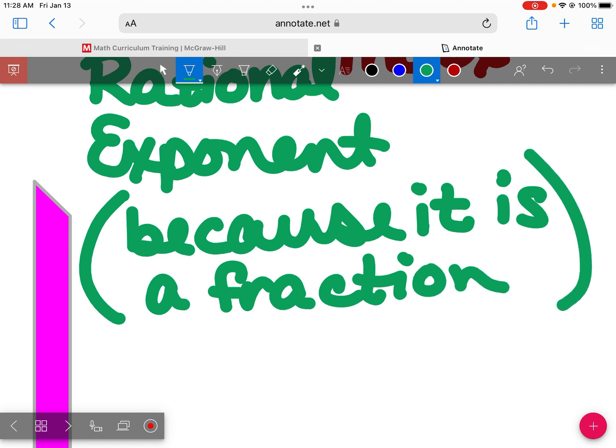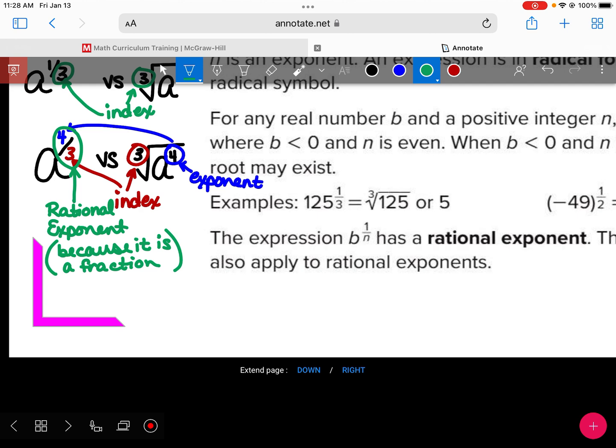If I have an exponent that is a fraction, it is called a rational exponent. When it's in radical form, my index becomes the bottom, the denominator, when it's in rational exponential form.